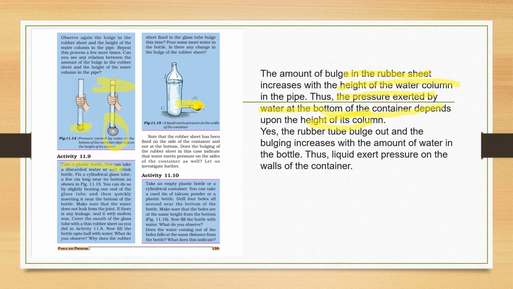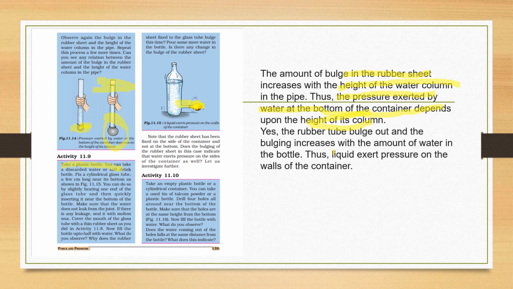The rubber sheet will bulge out, and the bulging increases with the amount of water in the bottle. As the amount of water increases, the bulging will also increase. So what we have concluded is that liquid exerts pressure on the walls of the container. One more activity is given to you.